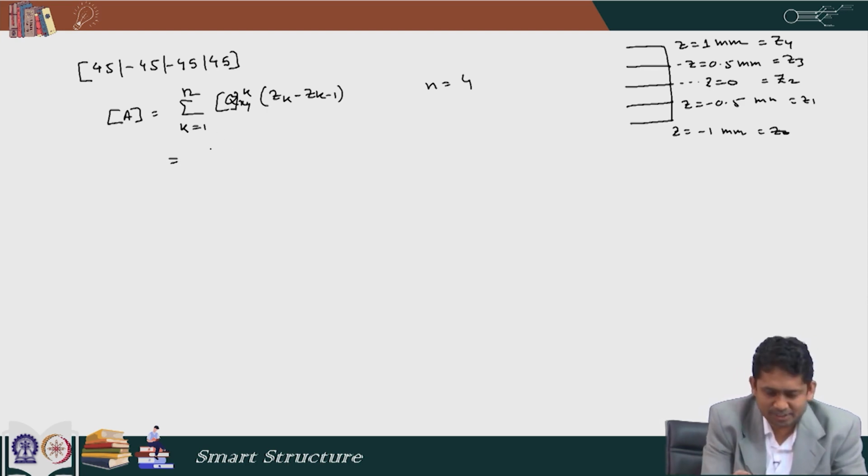So, finally, after putting all the numerical values, the A matrix comes to be this.